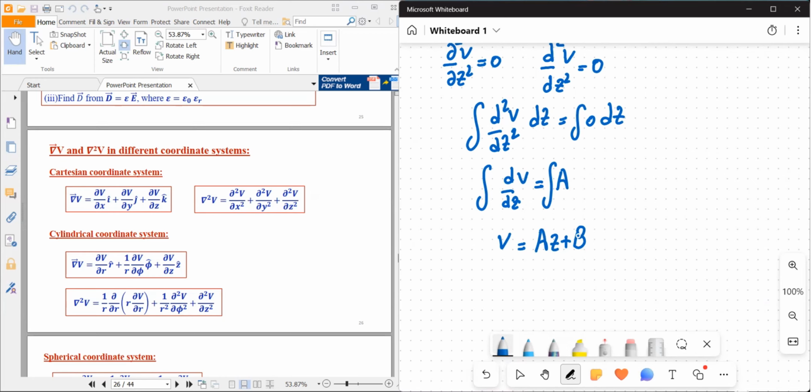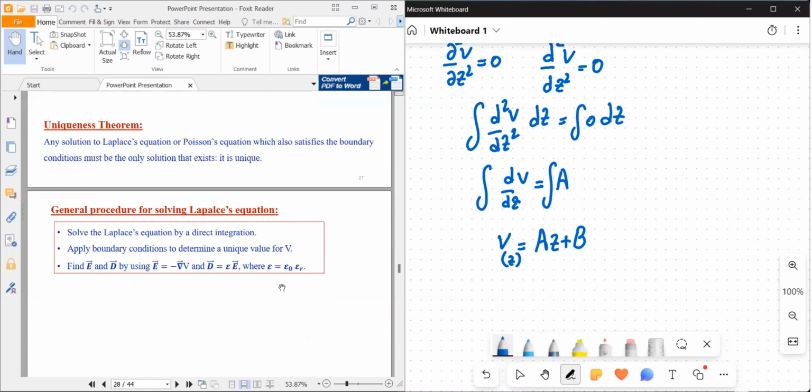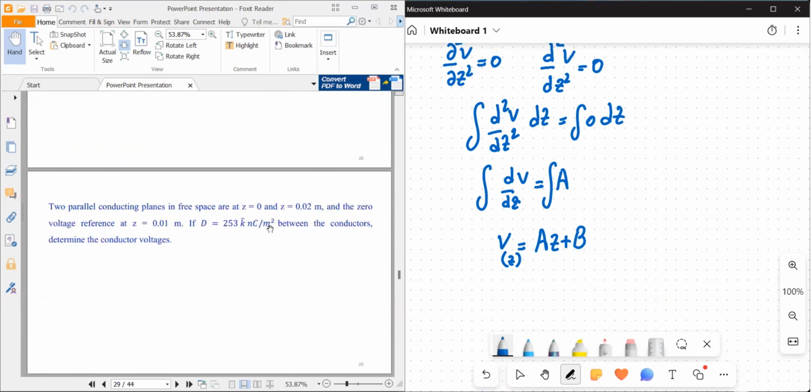Okay. So that is the equation we are going to get for the potential, and potential is a variable of z. And here, the value of electric displacement field is given.